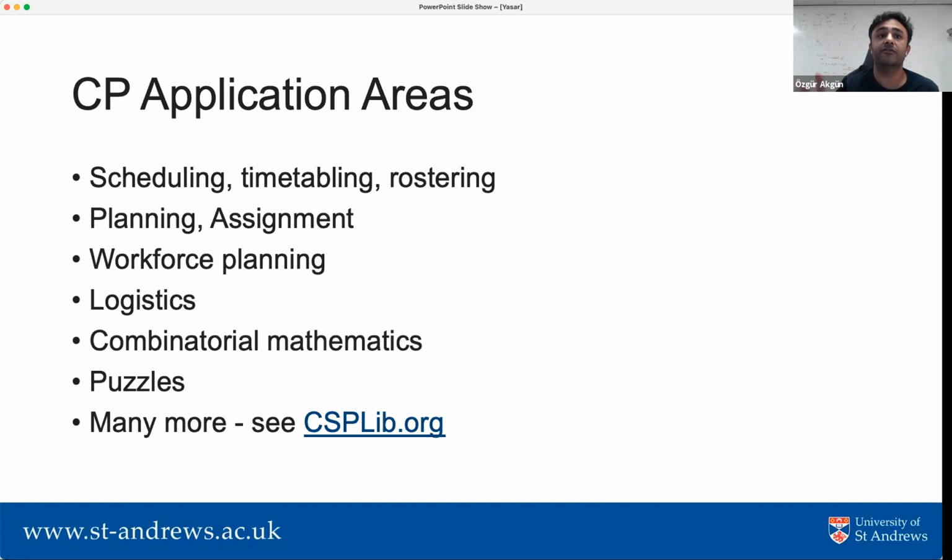I'll just mention the first problem there. There's a problem called the car sequencing problem. It is to do with a production line, and there's an entry for the car sequencing problem which describes the problem, some examples, and links to publications which use this problem and solve the problem in different ways. So it's a very, very good resource if you're interested in this area.